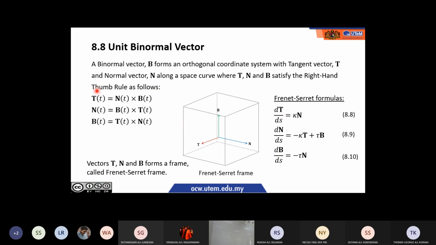How to get this, we have already discussed in the last class. N cross B means positive T. B cross T means positive N. And T cross N, you get B.